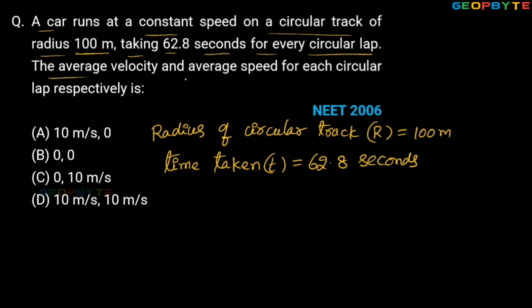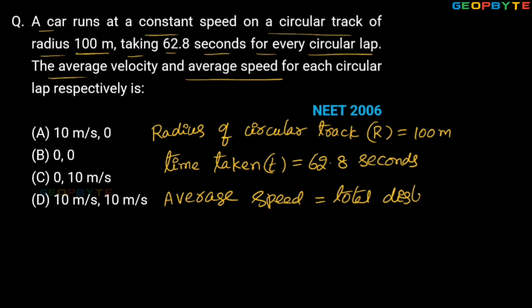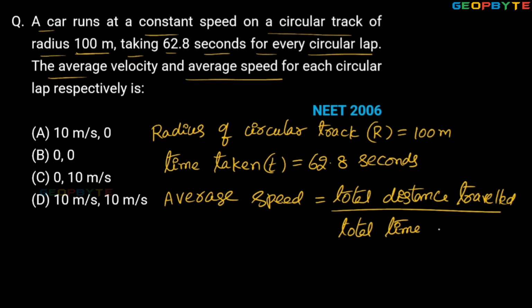The average velocity and average speed, you know, average speed v average equal to total distance traveled divided by total time taken.